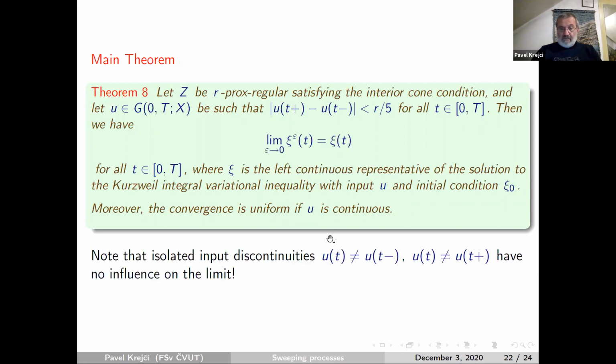And what is interesting is that the values of u of t are absolutely irrelevant. They are completely forgotten. The only thing that matters at jumps is the difference between u of t plus and u of t minus. The value u of t at the point t has no influence on the limit.